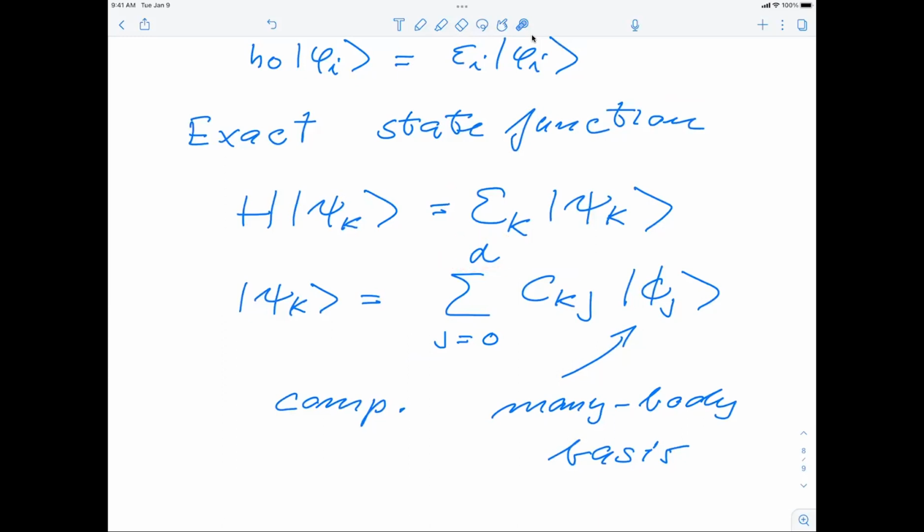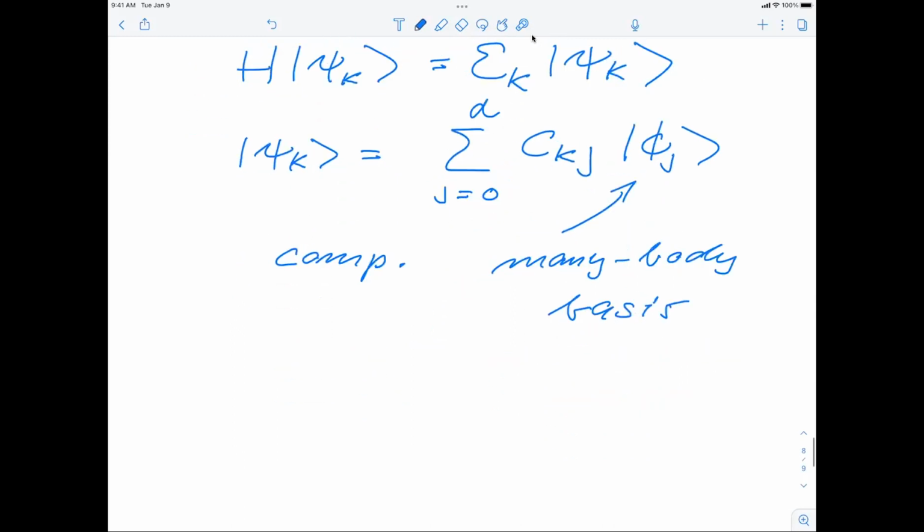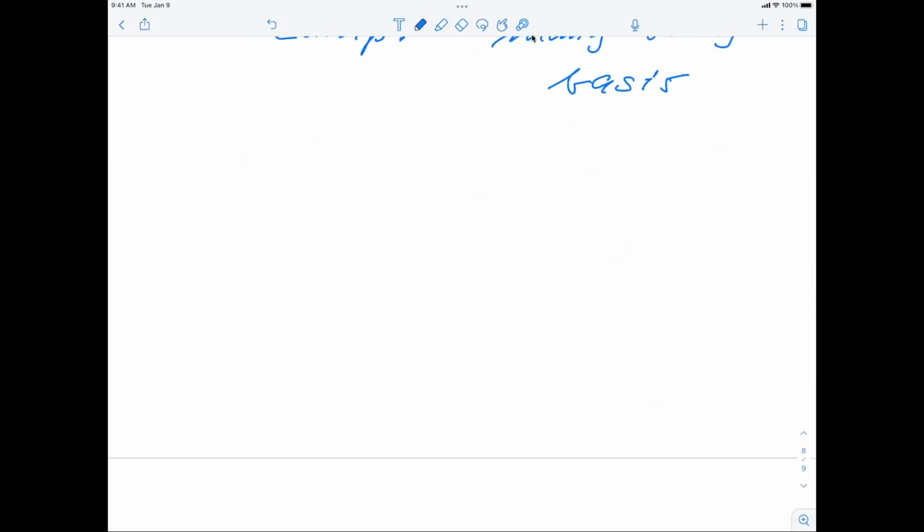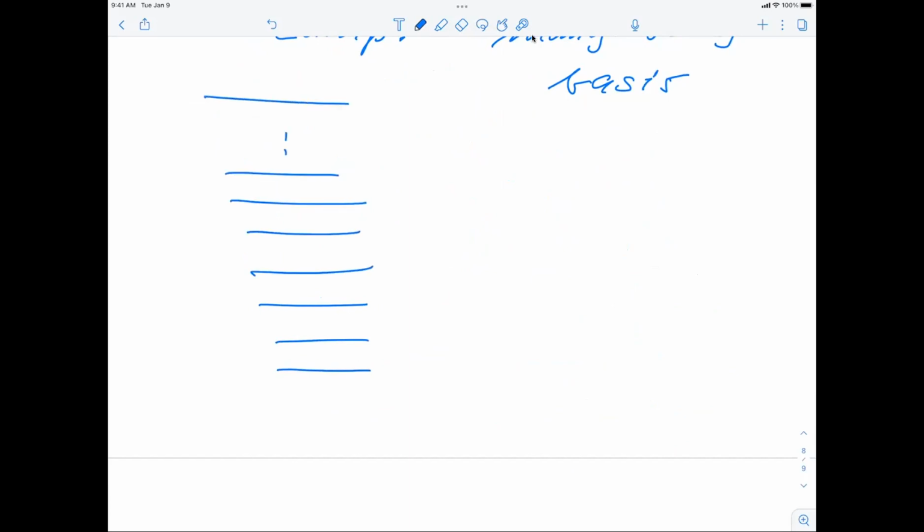To see that, let's look at an example with fermions. So suppose now you have a single particle basis which looks like this. We have a given number of states, and suppose we end up with n single particle states, and we start with 1 here, 2, and so on. And these are states with a double degeneracy.